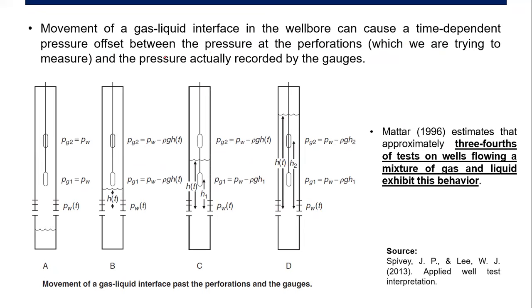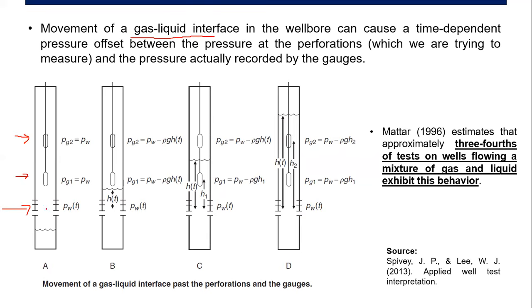Okay, so again, previously we had phase redistribution, phase segregation. Here we have movement of gas-liquid interface inside the wellbore. Okay, here we have our gauges. We use tandem pressure gauges, and we have pressure.